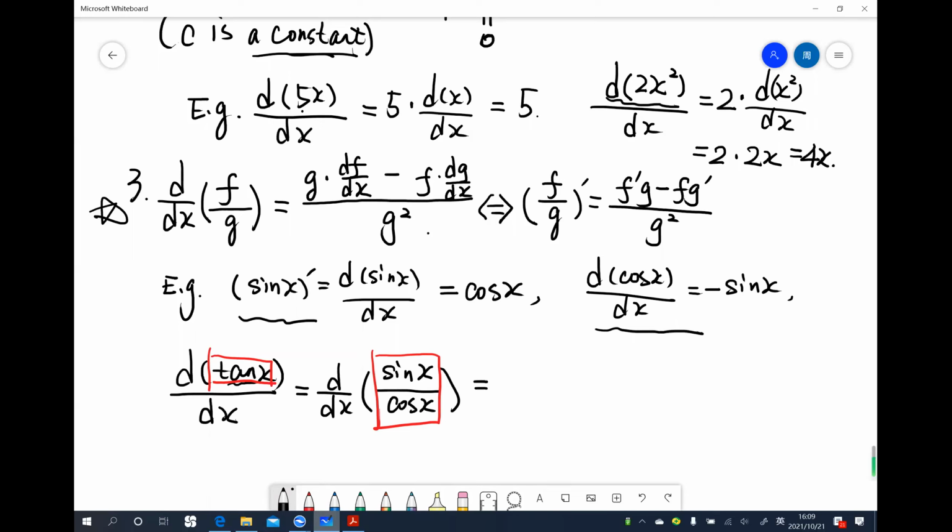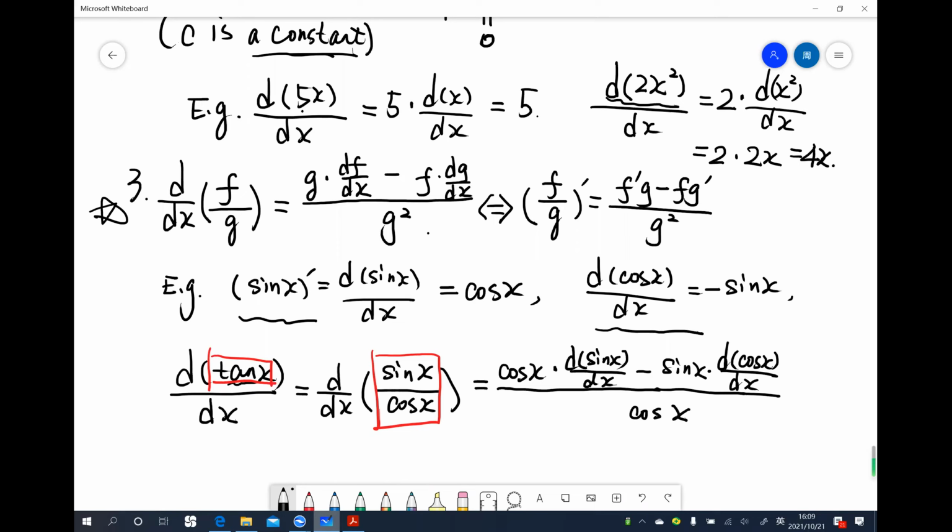That equals cosine x times d sine x by dx, then minus sine x times d cosine x by dx, over cosine x squared, right?